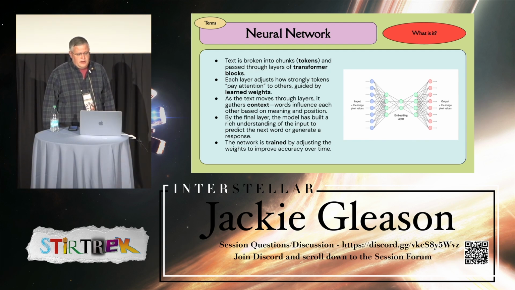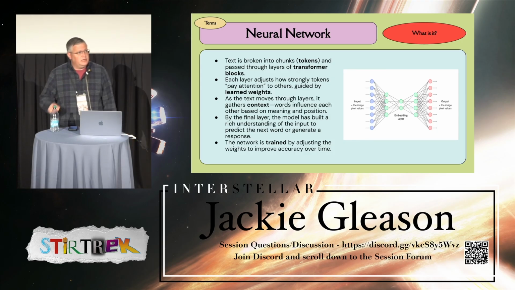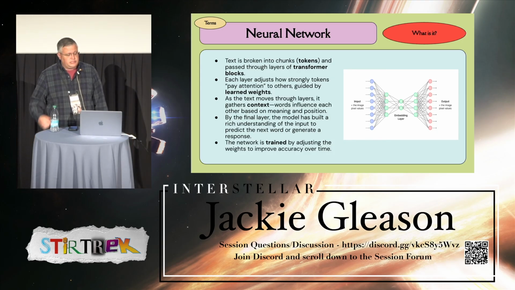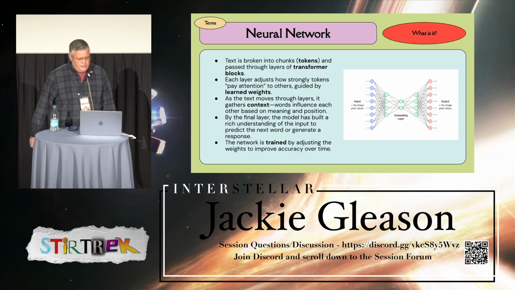So the idea here is that in a neural network, text gets broken down into chunks, and they're passed through the different layers of the neural network. With each layer, they gain attention to different contextual attributes, and that helps to create the learned weights, which at the end of the day become those numbers that we see in the vector at the end.